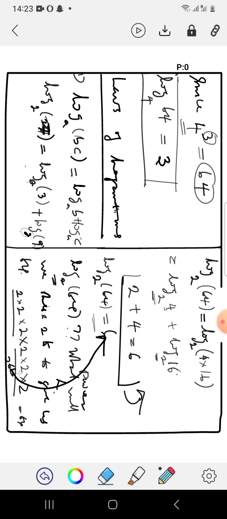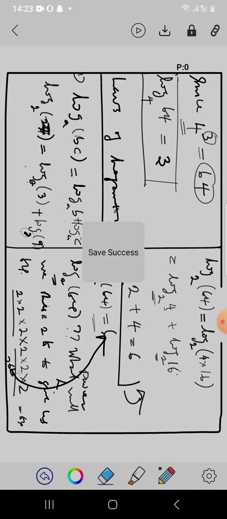So let me save this page so that we can look at another law. We have looked at the law of multiplication.